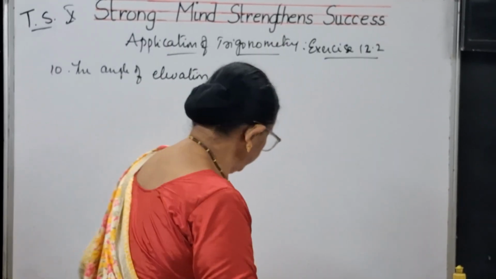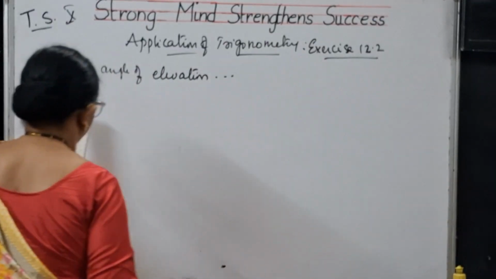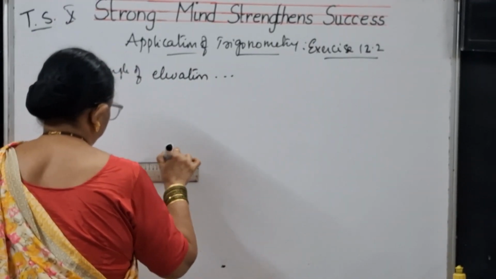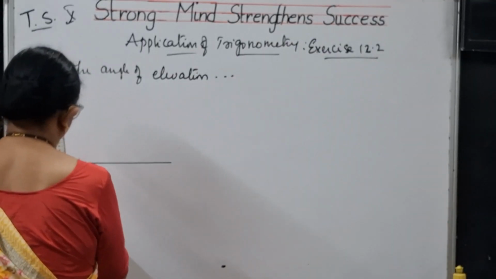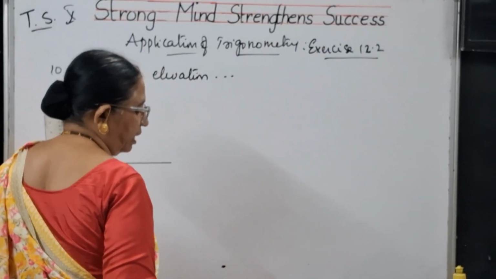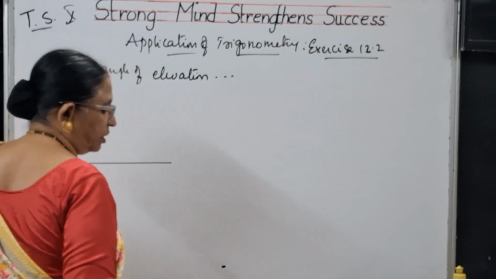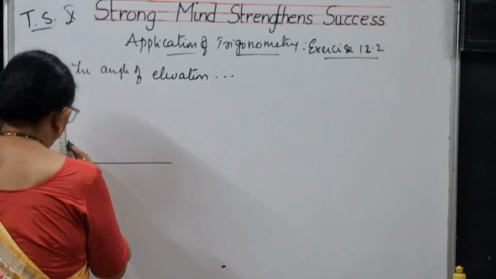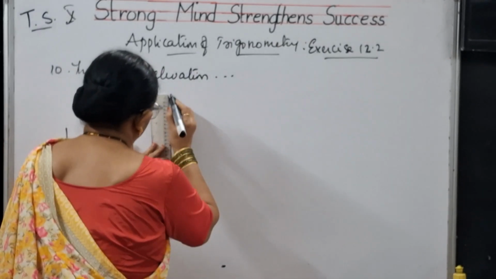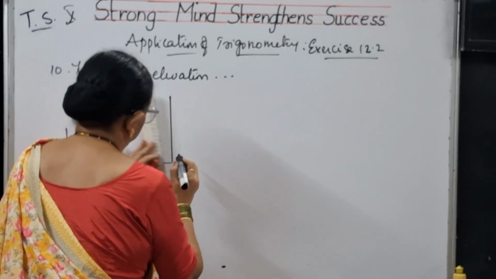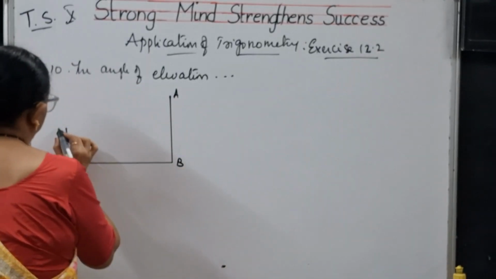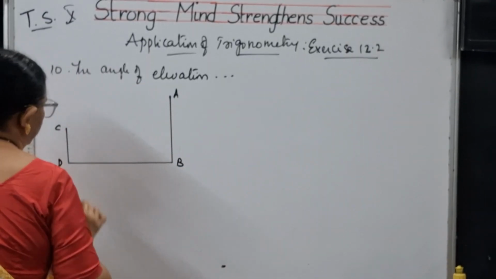So let us say this. So I have got a ground here, and the problem is talking about the angle of elevation of the top of the tower from the foot of a building. So let me consider AB is the tower, CD is the building.